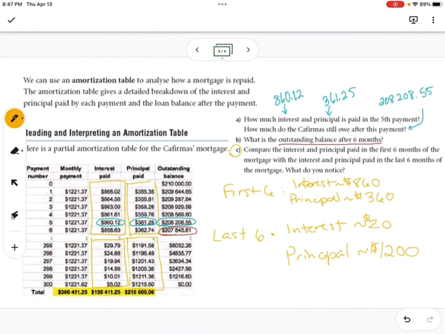Okay, the principal is the amount you're paying off of the mortgage. So that's what we see here. We had the mortgage, the amount we borrowed being the $210,000, and the principal, once you add all those up, that is the mortgage amount that was borrowed. Okay, so the mortgage amount and the principal are the same thing.